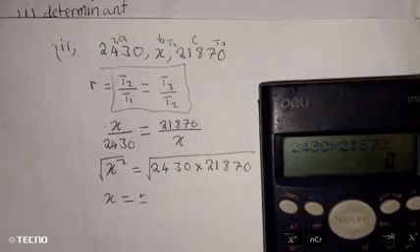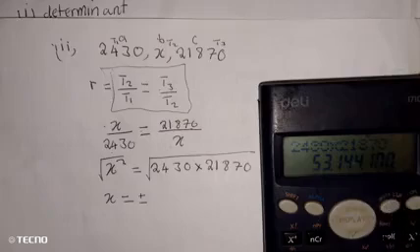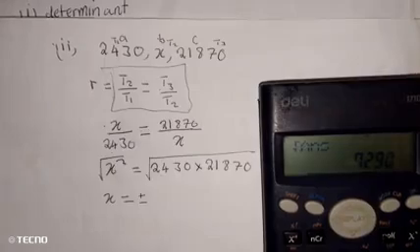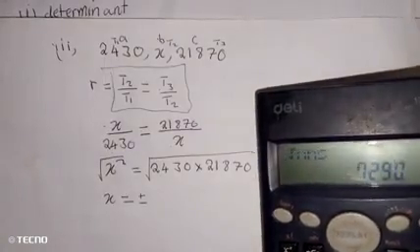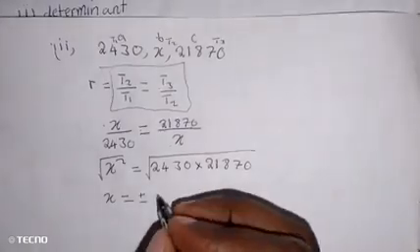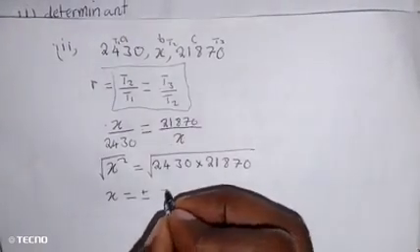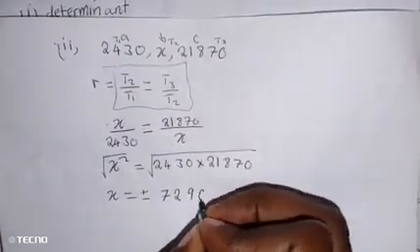Having this, I'm going to find the square root of this answer. What am I having? Here my answer is 7290, so plus or minus 7290.